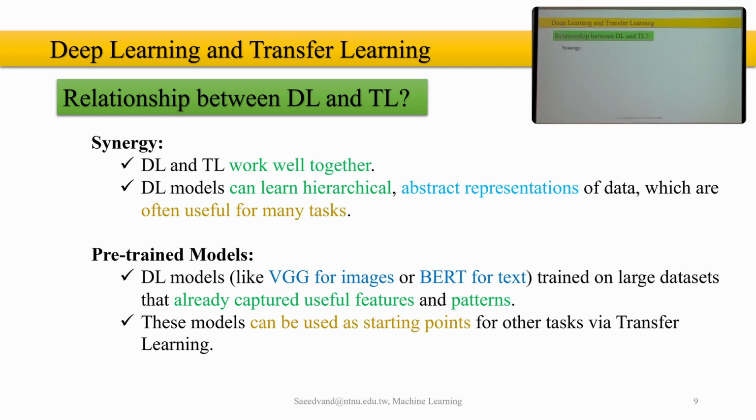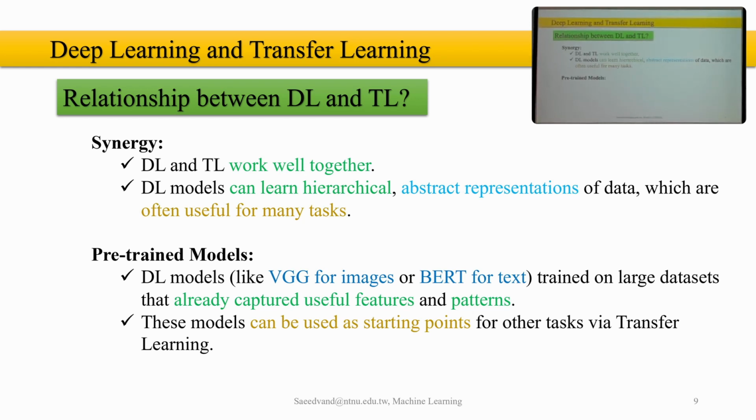First of all, we call it synergy. In this specific relationship, deep learning and transfer learning work well together. Deep learning models can learn hierarchical, abstract representations of data, which are often useful for many tasks.